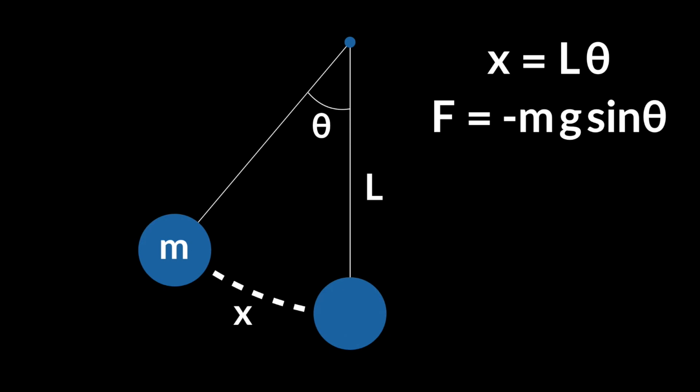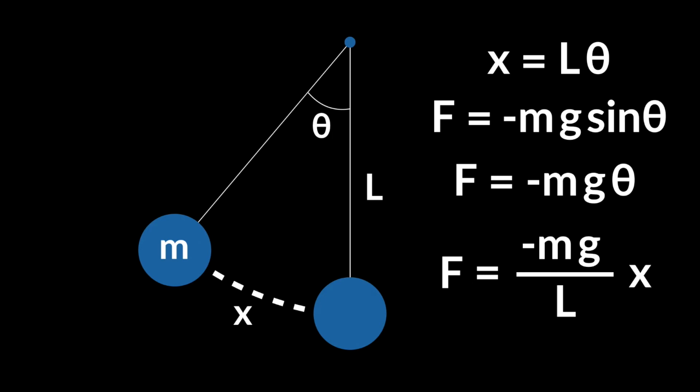So we can say that F equals negative mg theta when the oscillation is very small, or the displacement of the pendulum is small. And substituting in the first equation, we get that F equals negative mg over L times x. The reason this is important is it gives us the restoring force in the form of F equals negative kx.